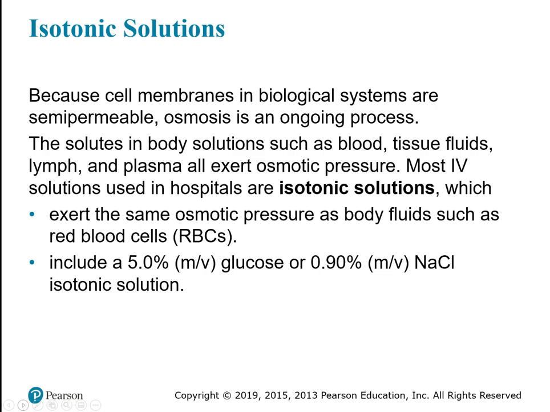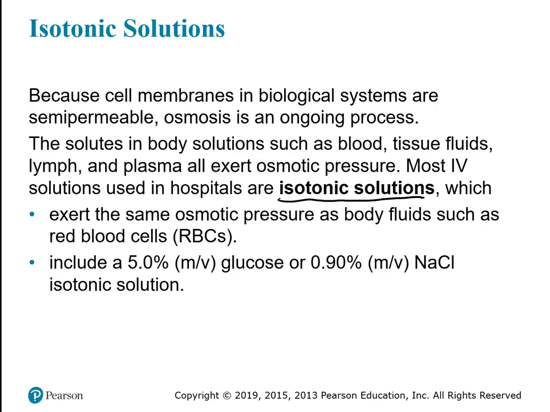When you're in the hospital, God forbid, if you have to have an IV placed and they're running fluids either to hydrate you or whatever other reason, those solutions are going to be isotonic solutions, which means that they're going to have the same kind of makeup in terms of the amount of ions and things like that as your blood does, your other body fluids.